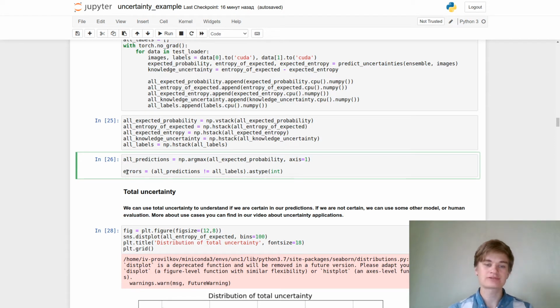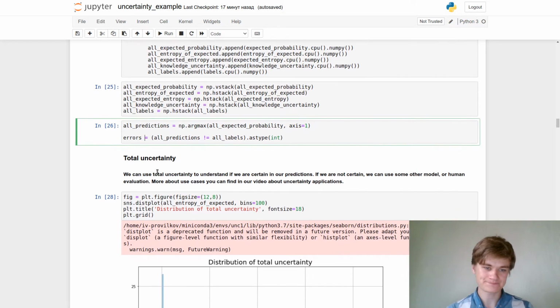And errors is the array with ones on the position where our prediction is not true, and zeros otherwise. So it's just like an array with zeros and ones, where ones are on the position of wrong prediction.